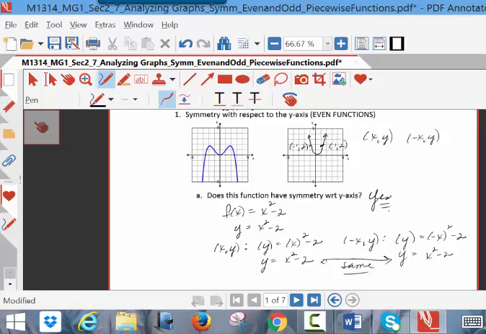Any function that has symmetry with respect to the y-axis has a new name, and that name is that it is an even function. So if it proves out to have symmetry with respect to the y-axis, then it has a new name. It is named an even function.